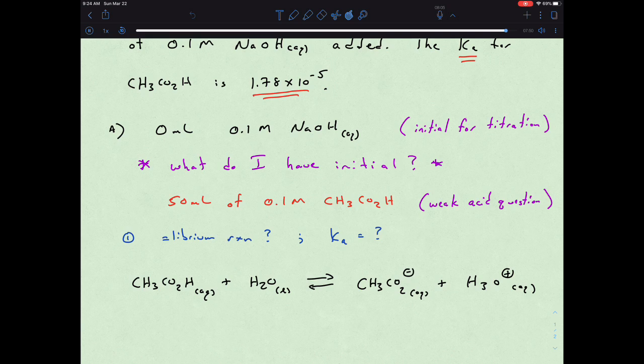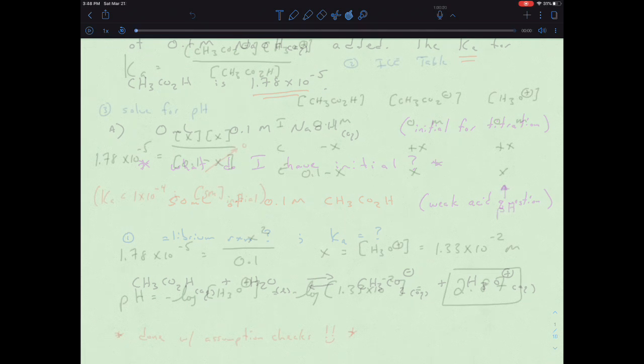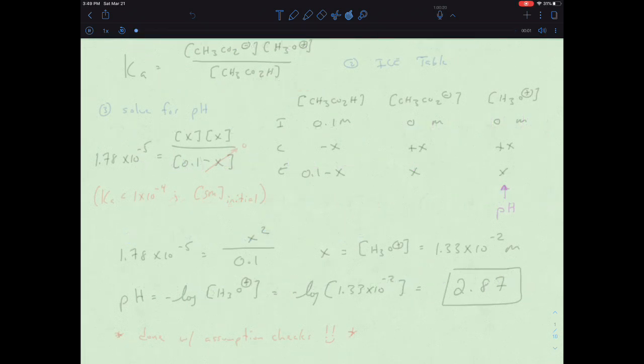Now that we know that, we can then set up the Ka. So our Ka is equal to our products, right, the acetate and the hydronium ion, over our starting material, the acetic acid. And so that allows us now to do our ice table.